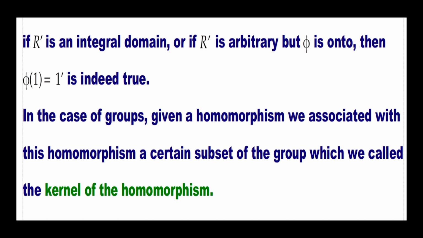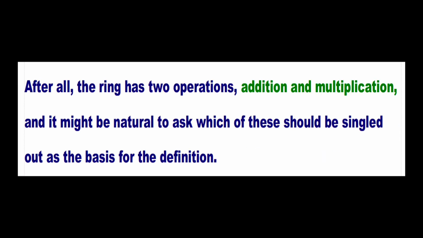In the case of groups, given a homomorphism, we associated with this homomorphism a certain subset of the group which we called the kernel of the homomorphism. After all, the ring has two operations, addition and multiplication, and it might be natural to ask which of these should be singled out as the basis for the definition.